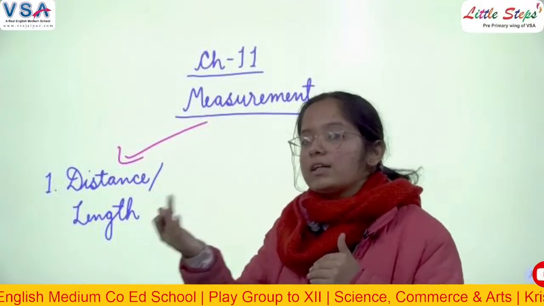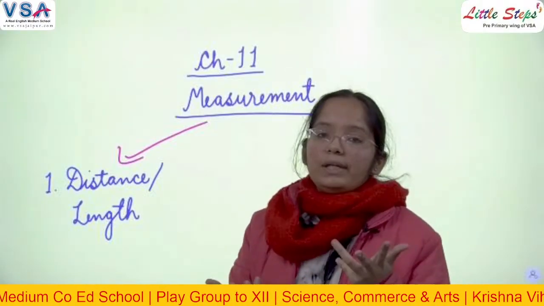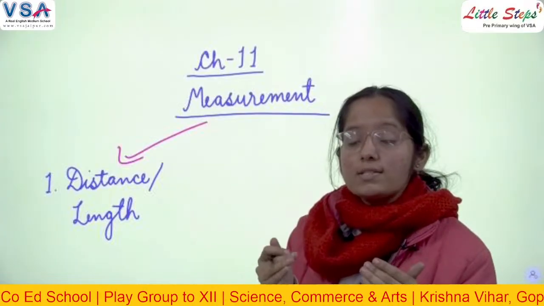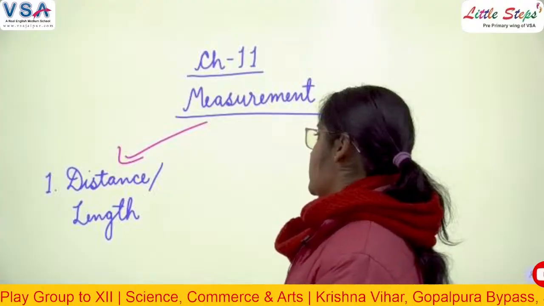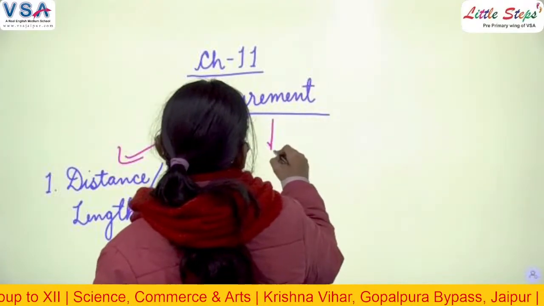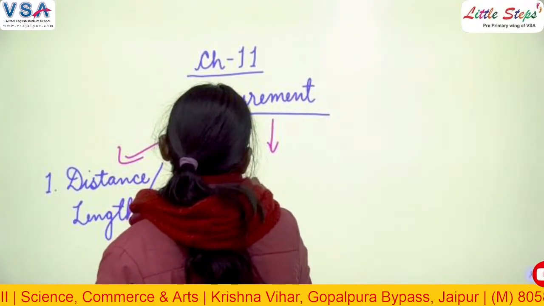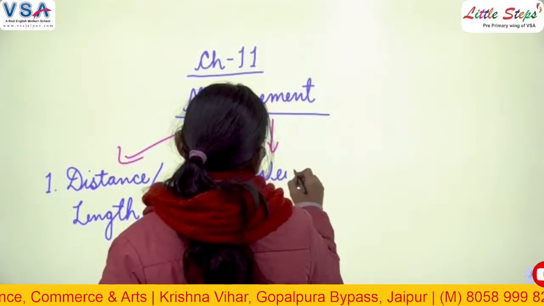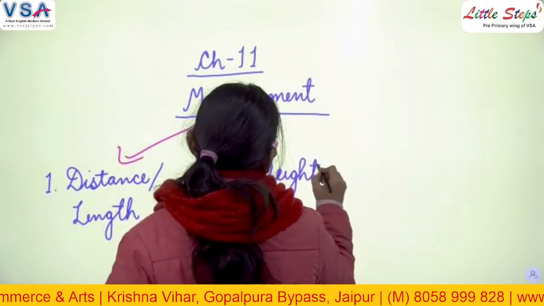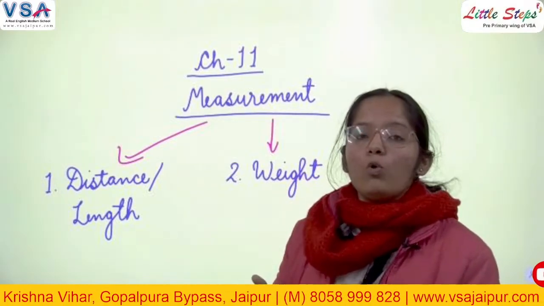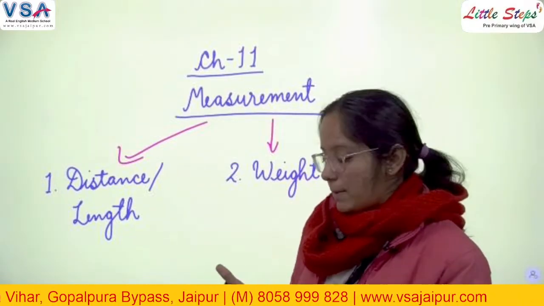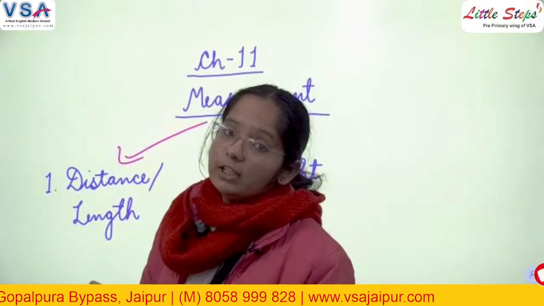यहाँ से वहाँ तक की क्या दूरी है? That is the distance. What is the distance between my school to my home? That is the distance. Second is weight. Weight means वजन. How heavy or how light an object is, that depends on the weight of the object.